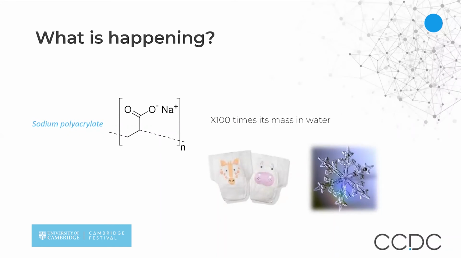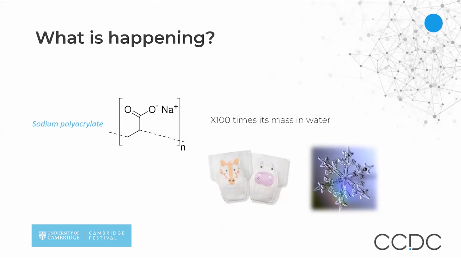In the dry powder, the positively charged sodium ions are tightly bound with these polyacrylate polymer chains. When water is added, the polyacrylate chains prefer to bind with the hydrogen atoms in the water instead, allowing sodium to move around, and the polymer chain can start to unravel.